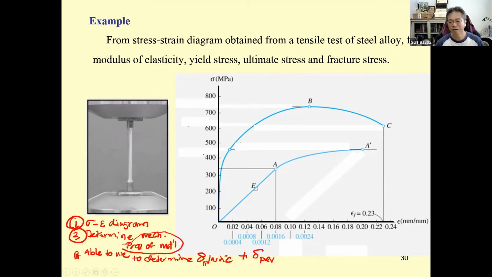We have the stress strain diagram from the tensile test, or tension test, of the steel alloy.